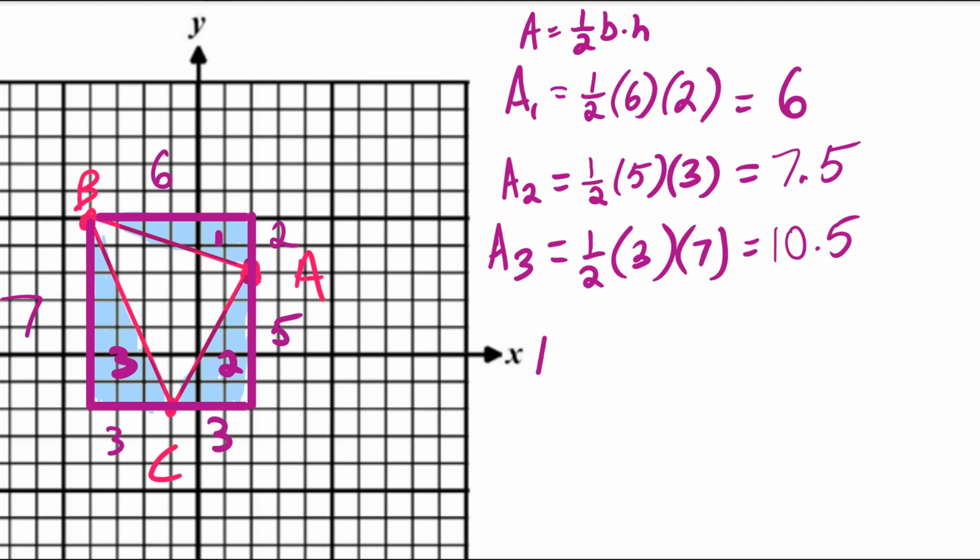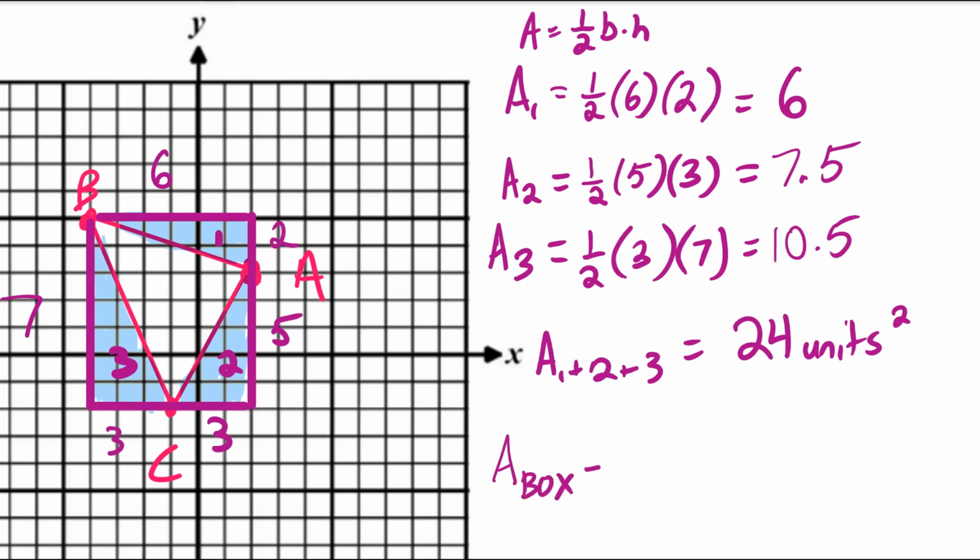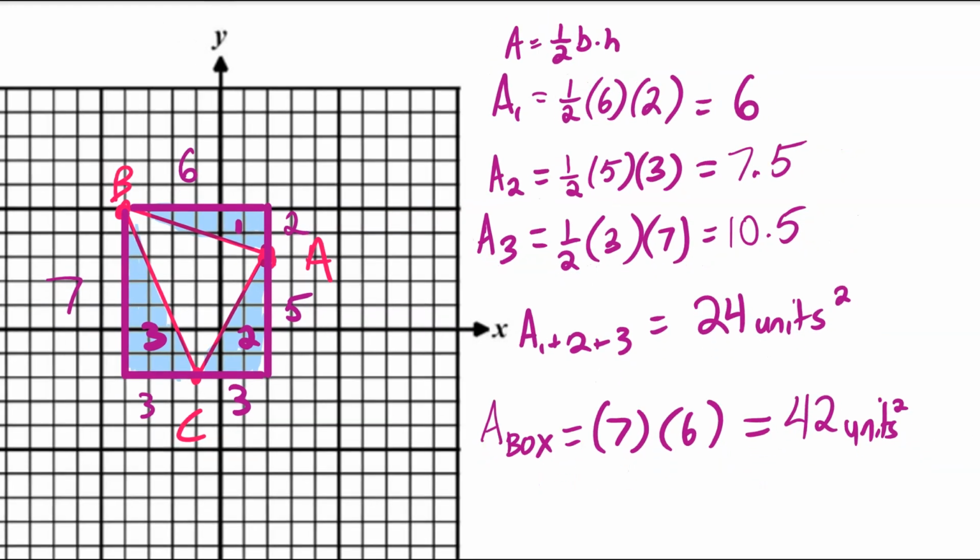So the area of all three of these triangles together, if I add them up, 6 plus 7.5 plus 10.5 is 24 units squared. So that's the area of the blue shaded parts I found. Now I'm going to find the area of the entire rectangle. Well, I know the entire rectangle is 7 units by 6 units, which will have 42 units squared in its area total.